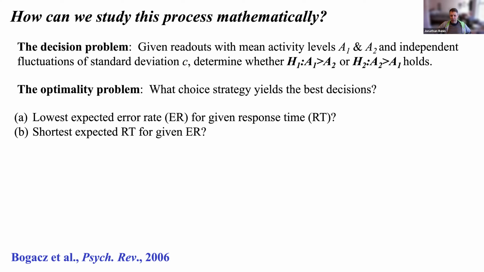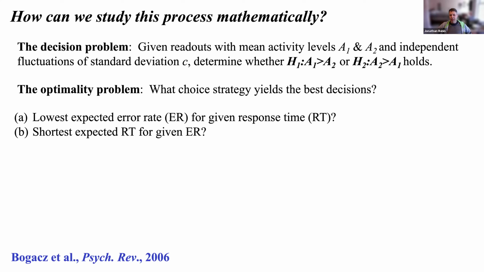Given that you're staring at this stimulus whose statistics don't change over time, these are going to have mean activity levels, but there are also going to be fluctuations. Any system like this is going to have fluctuations, so you can't just be sure that whatever activity level is higher is going to show up in your readouts. Given that information, you want to determine which of these two hypotheses holds.